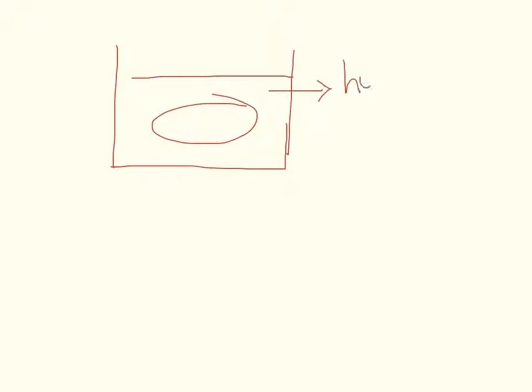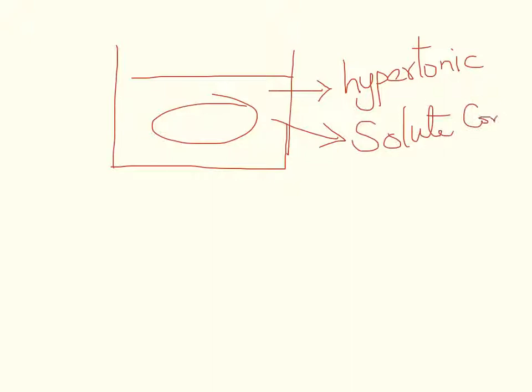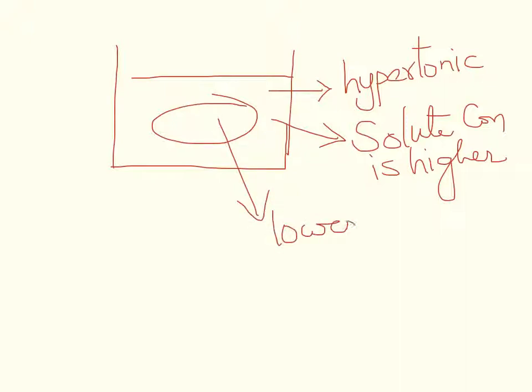If the red blood cell was stored in a hypertonic solution, meaning the solute concentration is higher in the solution and lower inside the cell, what happens is that the water flows out of the cell because there is a concentration gradient.